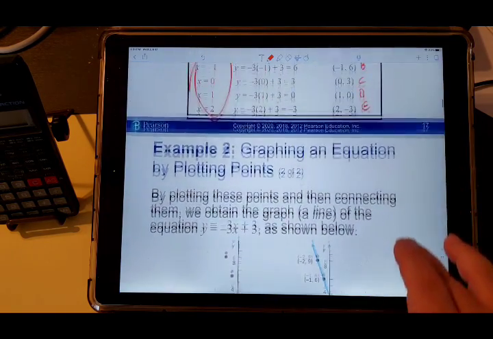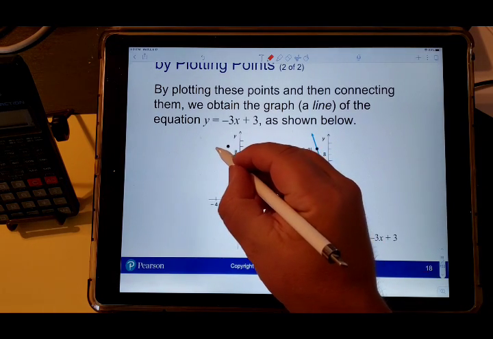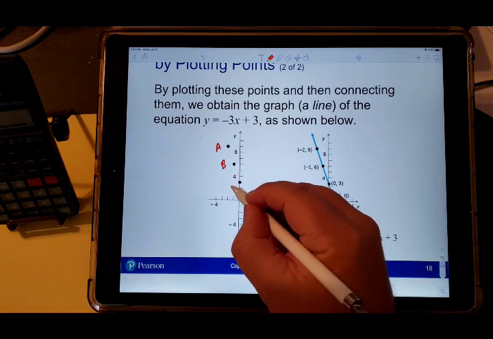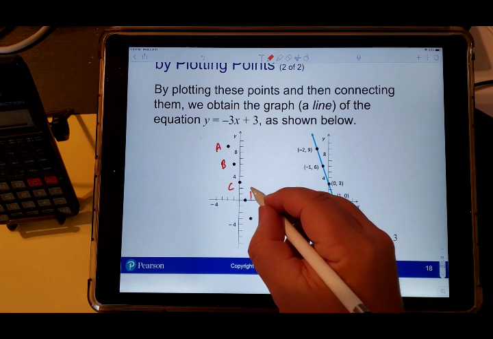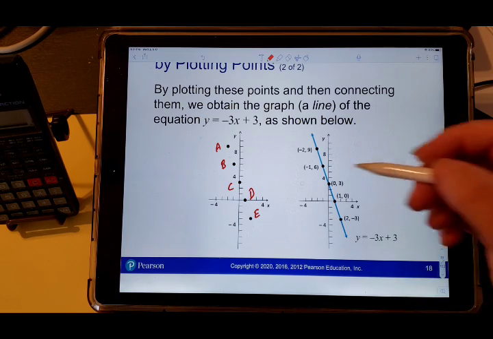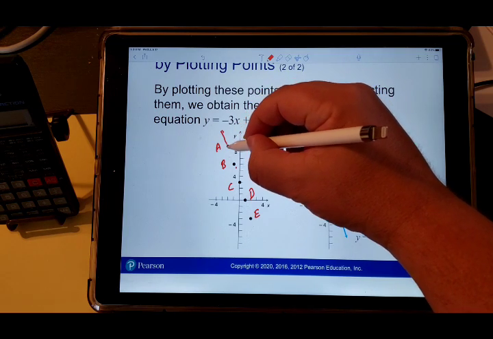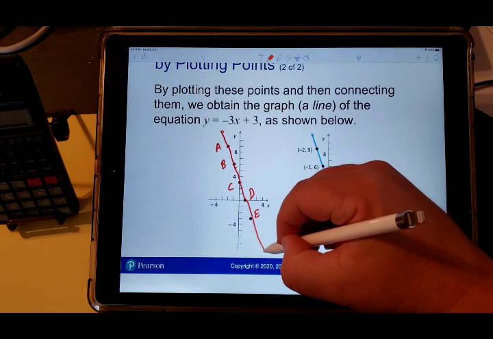Now, if we're going to graph this, the reason why I put my letters there is, I think it gives me a little more information if I incorporate the letters here. This isn't something you're going to need to do on a regular basis, but put the letters next to the points. And then, as they did here, we want to draw a line through all of those points.